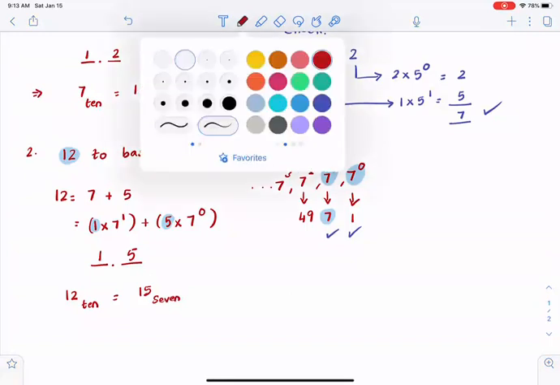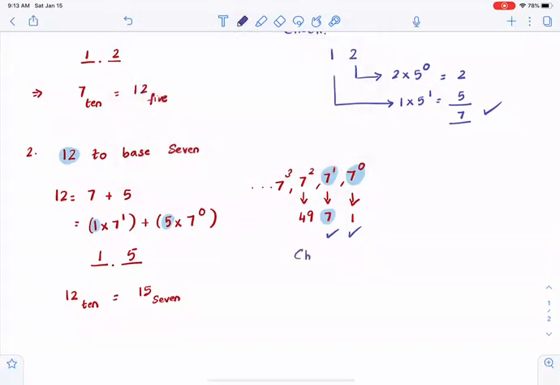We can always verify the answer until you get a good amount of practice. So let's start with base 7 and see if we can convert it to our regular base 10. So 5 times 7 raised 0, 1 times 7 raised 1.